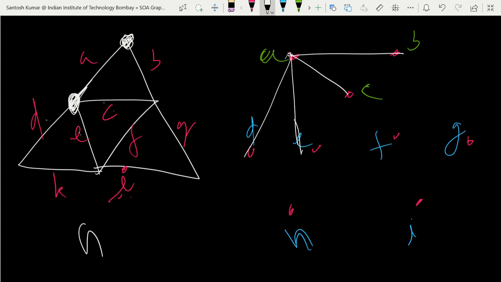Now come to B. B shares with A, and here B shares an edge with C, F, G. So CFG.